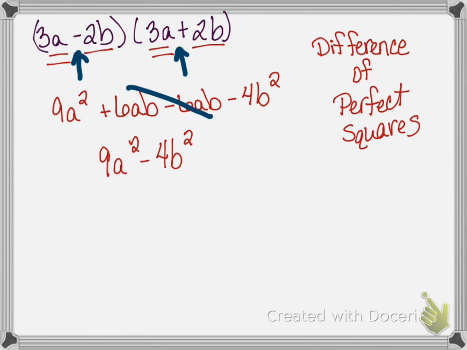What you're going to have to do when we start factoring is identify 9a squared minus 4b squared as a special case. So when we are putting it all together, when we're doing all the multiplication, I like to bring that up. Okay? Questions? Okay.